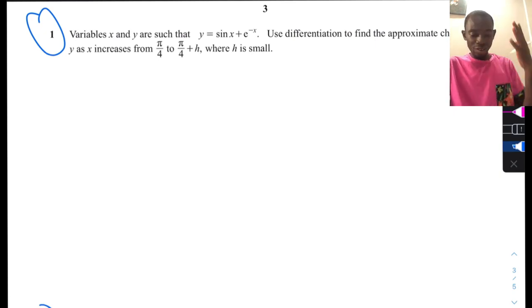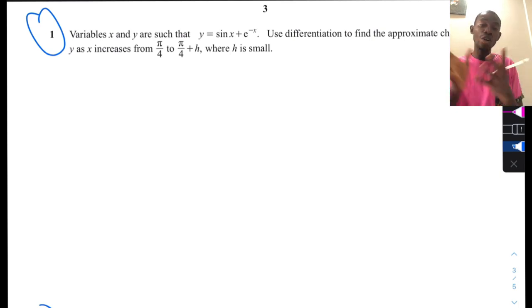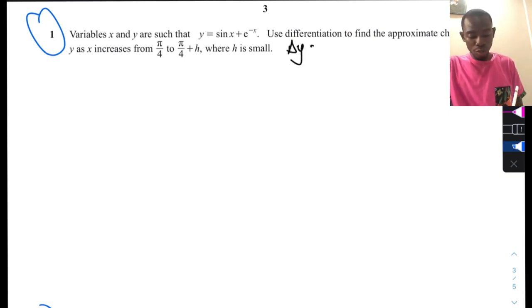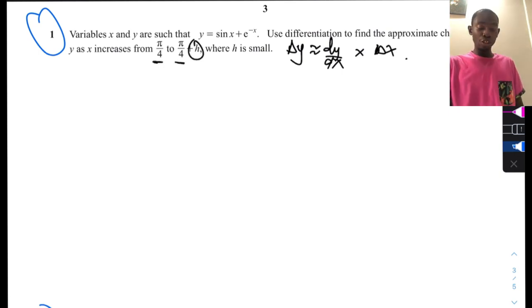So like you can see, Cambridge hasn't changed the question when it comes to small change. It's the same old approach. So you just need to know that your change in y is approximately dy/dx times your change in x. Can you find the change in x? Yep. If it's increasing from here to here, that means that the small change is h. So that's fine. But your main job is to differentiate that particular function.